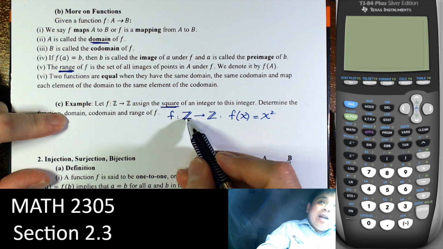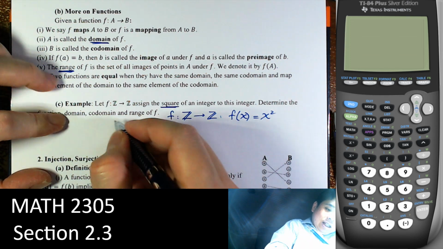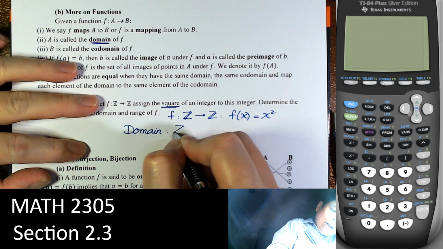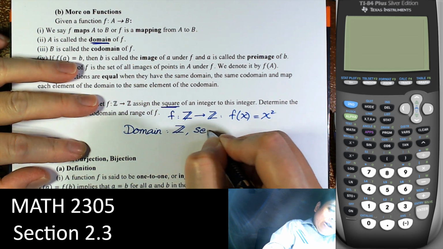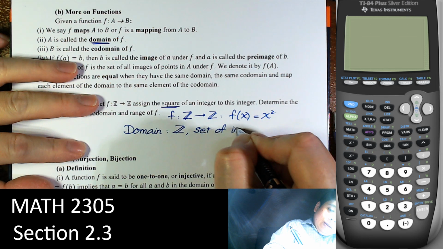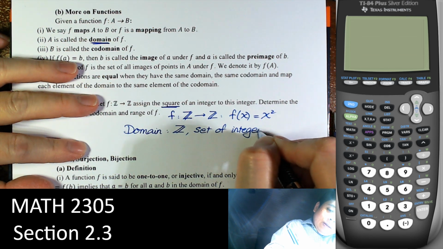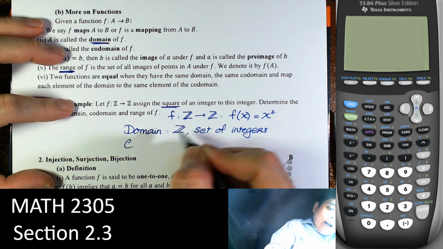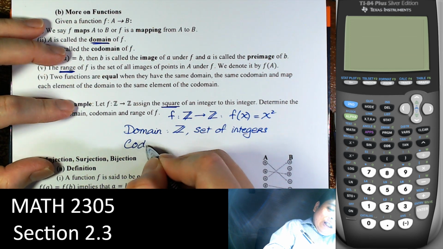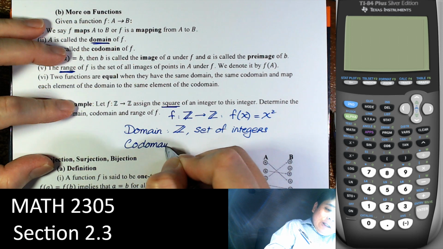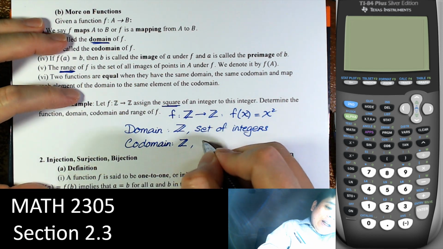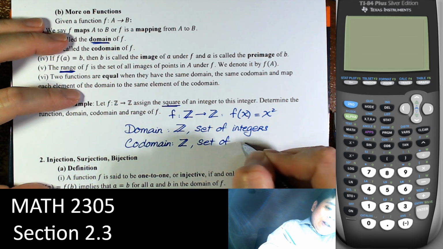The domain, of course, is Z, which is the set of integers. And then the codomain, of course, is also Z, the set of integers.